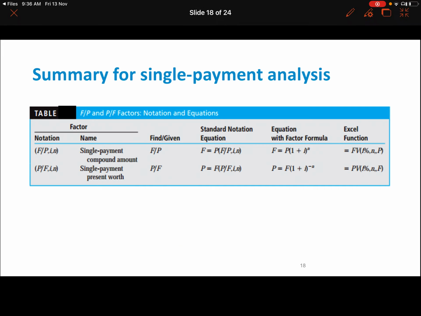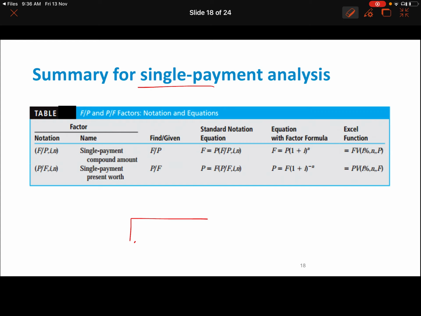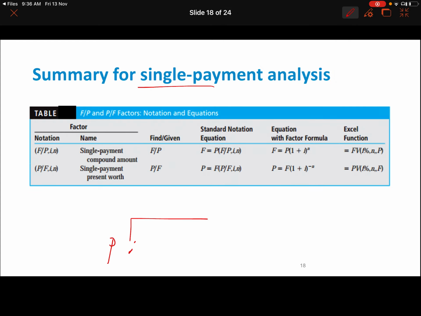So, in summary, for the single payment, we call finding the equivalent of P, when it is given, to F, which is required, or the equivalent of F when it's given to P, which is required, a single payment analysis.